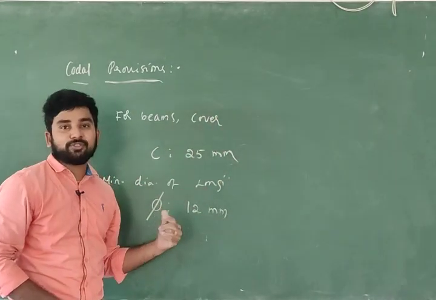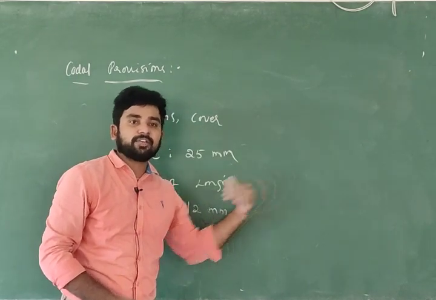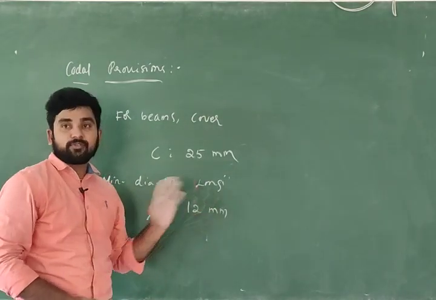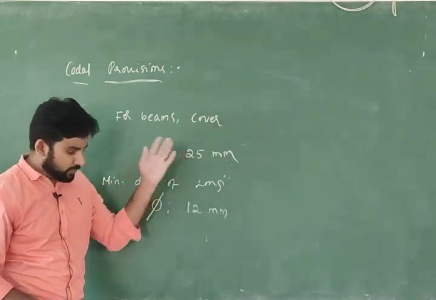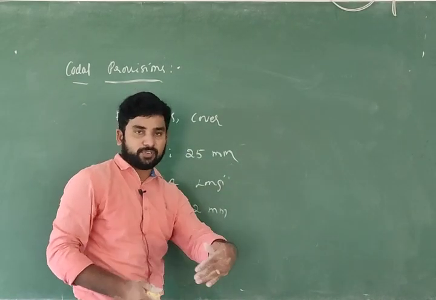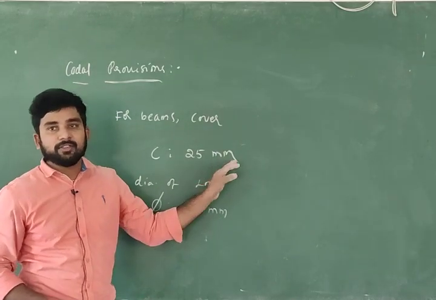Minimum 12 mm you should use. You can go for 16, 20, 25 according to requirement, but 10 mm no, the minimum should be 12 mm. Please keep in mind all these codal provisions; they are very, very useful for the coming problems. If you have any doubt you can ask me. So thank you.